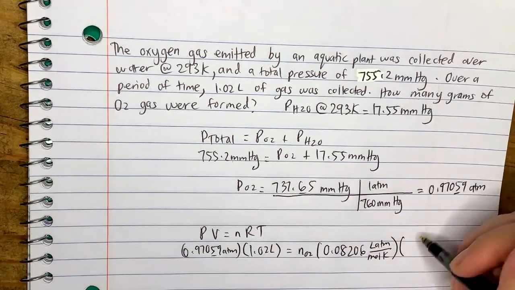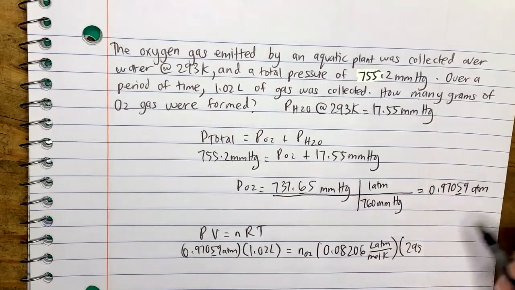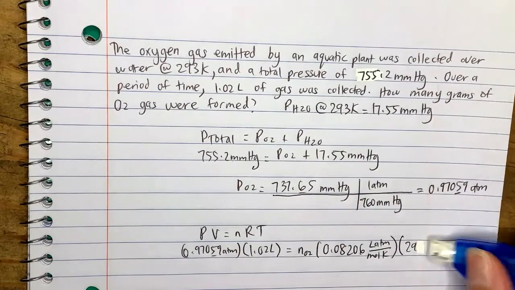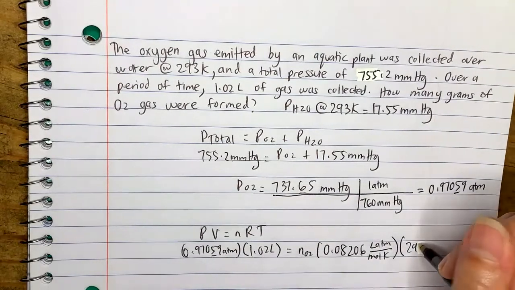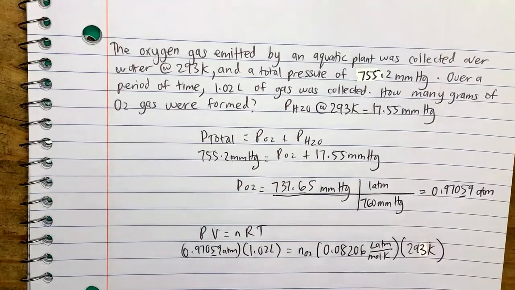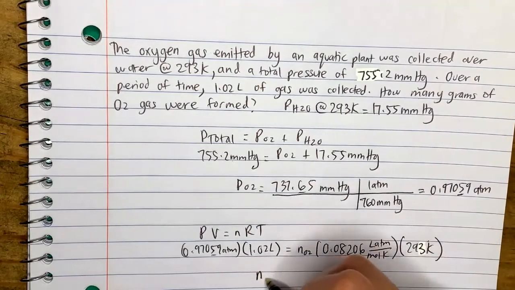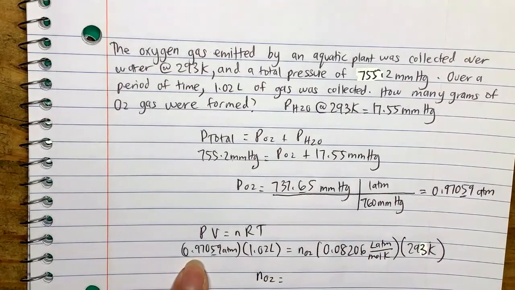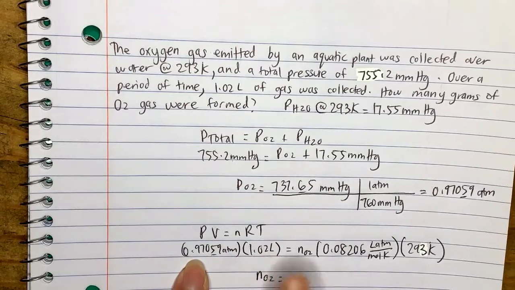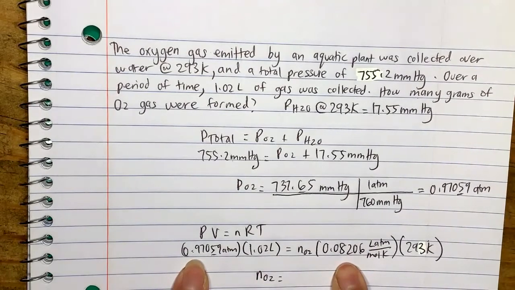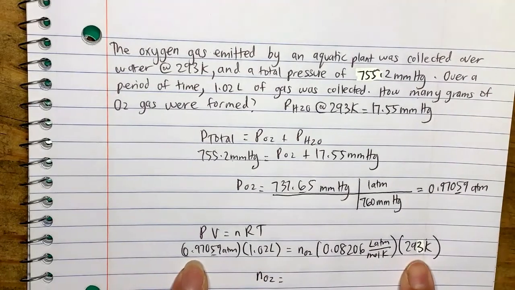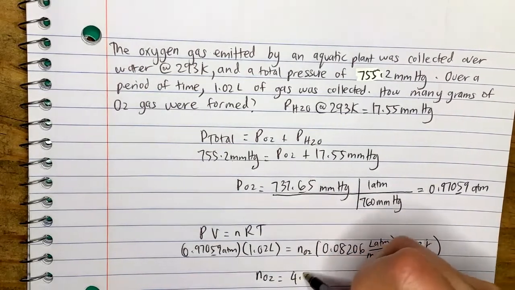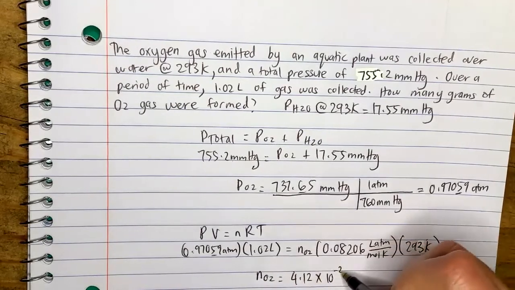And the temperature was given as 293 Kelvin. So the number of moles of oxygen gas is 0.97059 times 1.02 divided by 0.08206 divided by 293, and you get 4.12 times 10 to the minus 2 moles of oxygen gas.